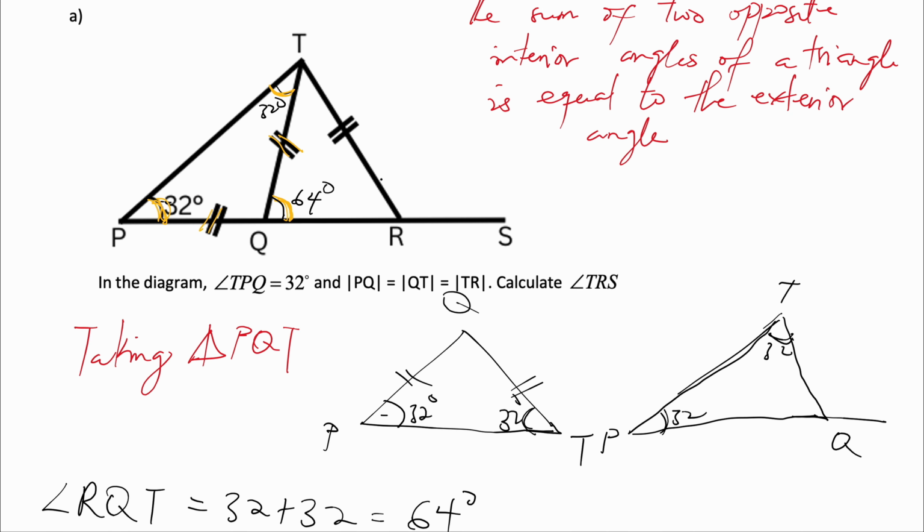But we need this angle. Angle TRS is this angle. So let's clean up the mess first. We know this angle is 64. We need this angle. So let's take triangle QTR.